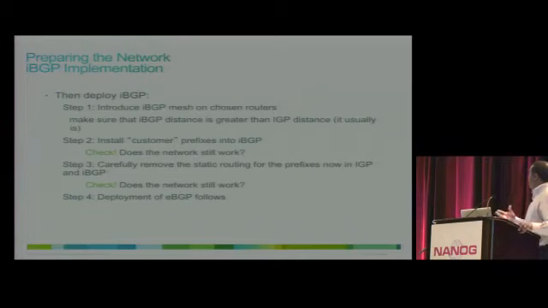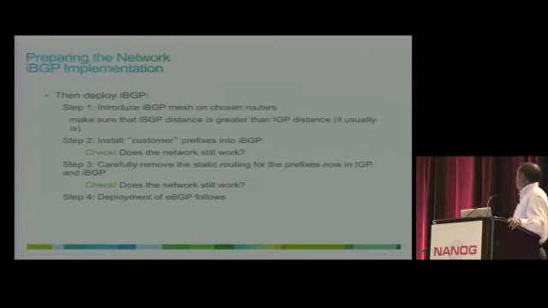Step 2, you will install customer prefixes into BGP and make sure that the network is still working. And you can inject them by pointing a static null, a static route to the customer, or a static null at the border router, a floating static null. So that's stable.